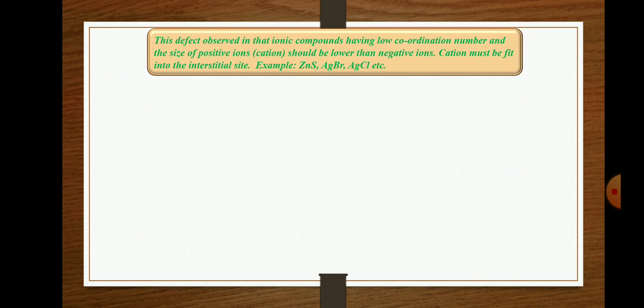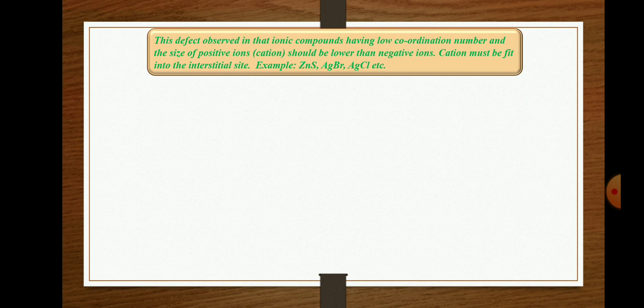Now very important, this defect is observed in ionic compounds having low coordination number, and the size of positive ions, that is cation, should be smaller than negative ions. Cation must fit into the interstitial site.